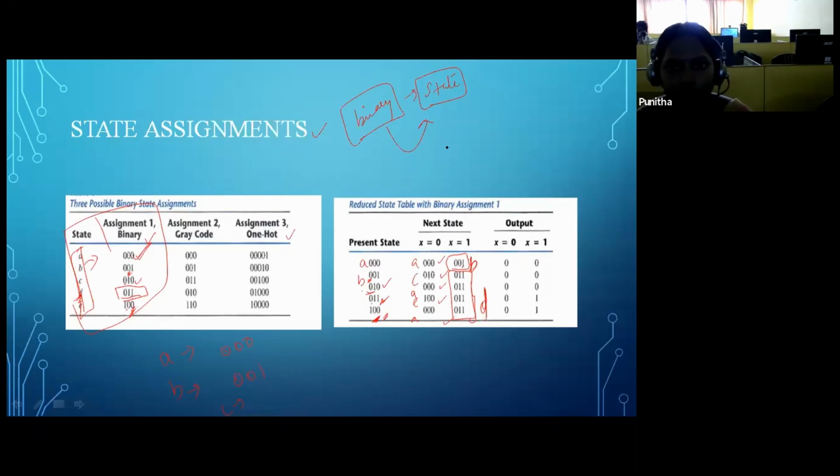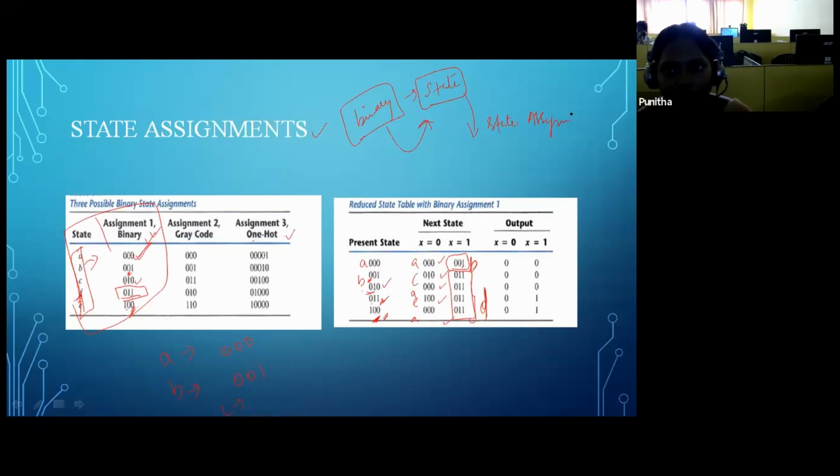The state can have any assignment. It may be binary, or gray code, or any other one-hot assignment. We call this concept state assignment.